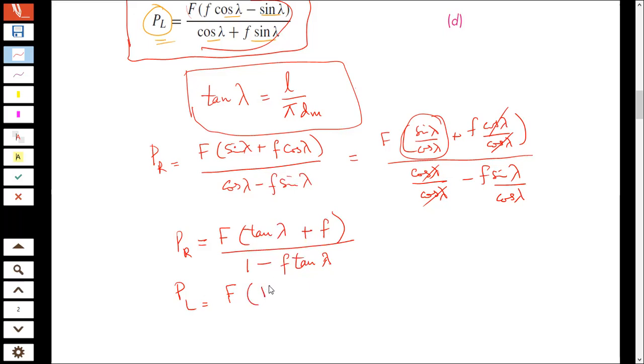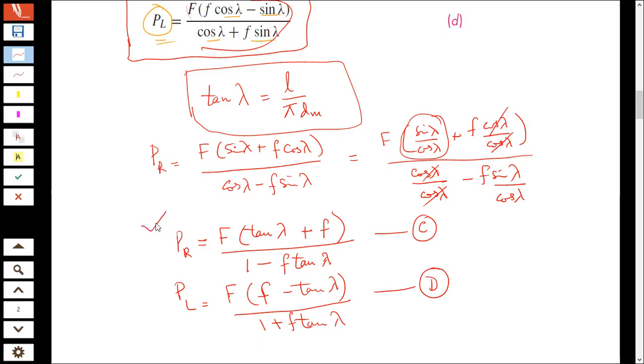So I'll have small f minus sine over cos, so that's going to be tangent of lambda, divided by cos over cos. That is going to be 1 plus f tangent of lambda sine over cos. Okay, so these are going to be my two equations, C and D, for rising the load and for lowering the load.